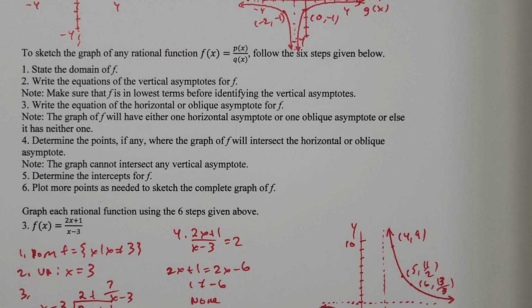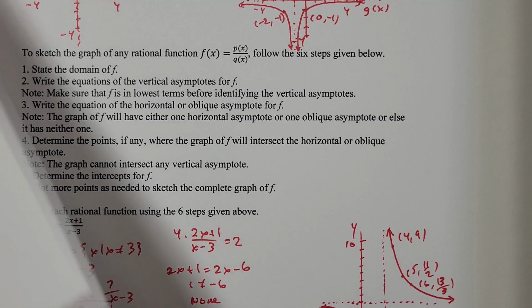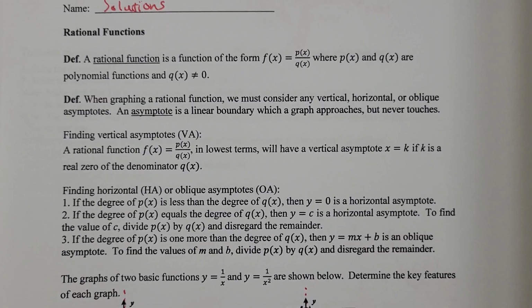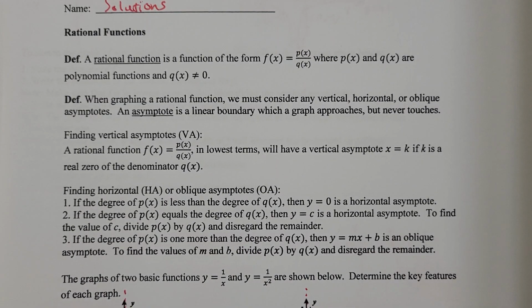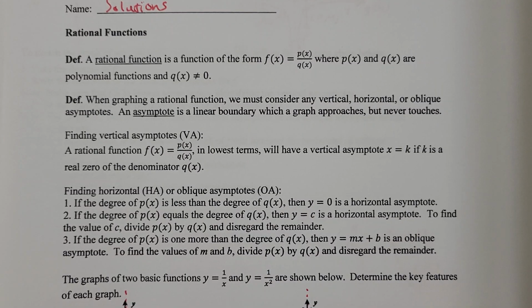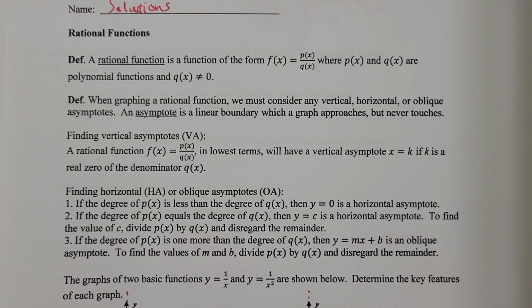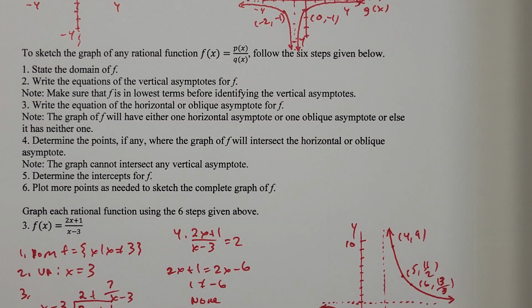Step 4 then says to determine the points, if there are any, where the graph of f will intersect the horizontal or oblique asymptote. Maybe I should be more clear about what I mean by an asymptote. In the definition on the previous page, it says that an asymptote is a linear boundary which a graph approaches, but it's never going to touch. That's actually not completely true. You can cross an asymptote.